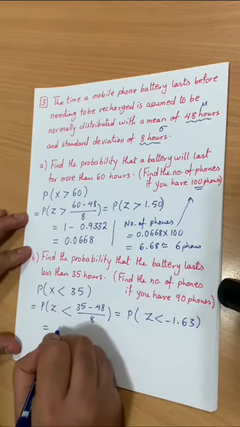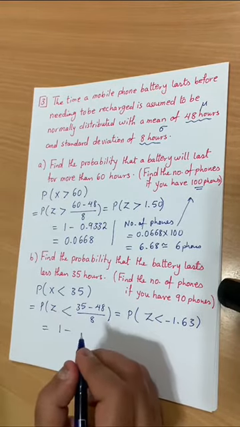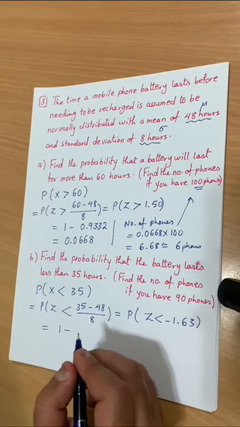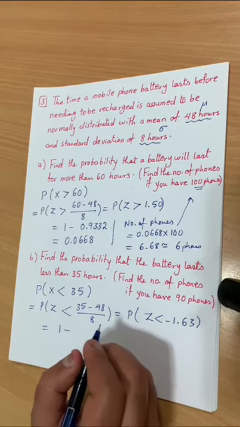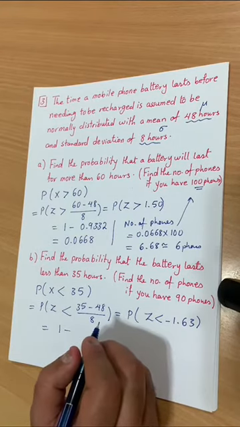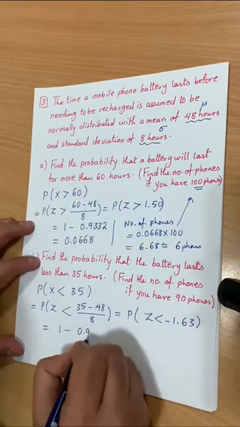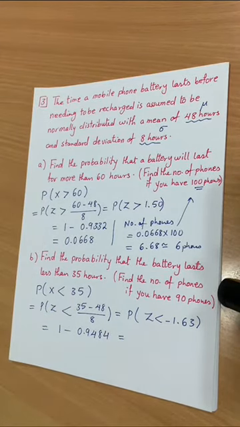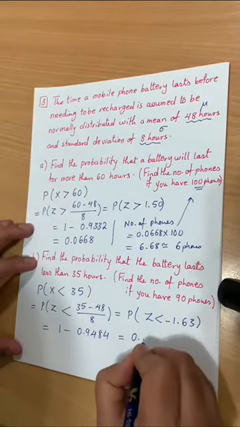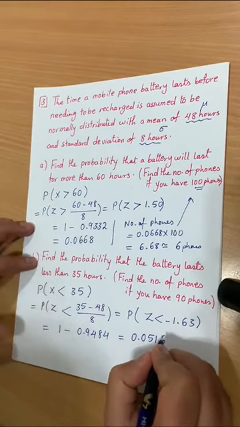Less than negative is 1 minus table value. So 1.63 from the table is 0.9484. By taking the difference, 1 minus 0.9484, the answer is 0.0516.